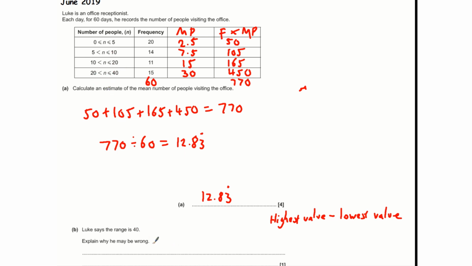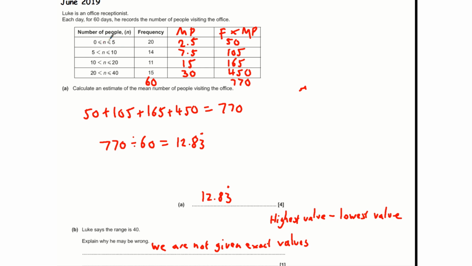So he could be wrong because it could be 30. You could say that we are not given exact values. It's the same with the lowest value as well. It could be 0 or it could be 5.